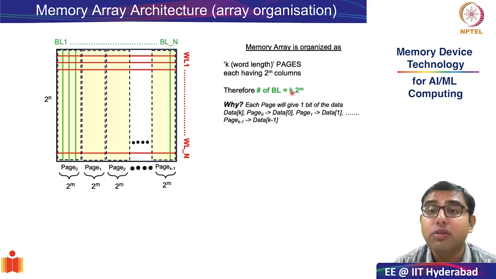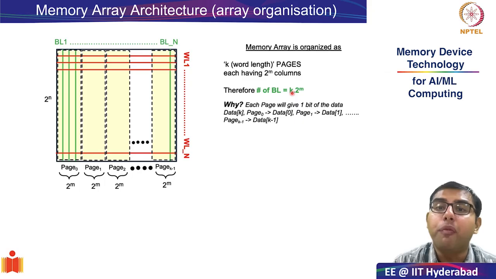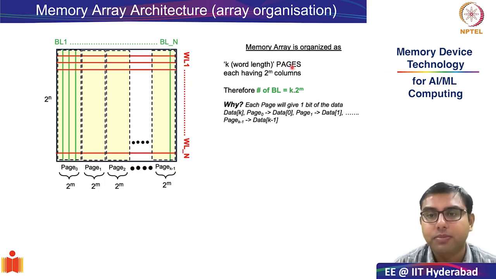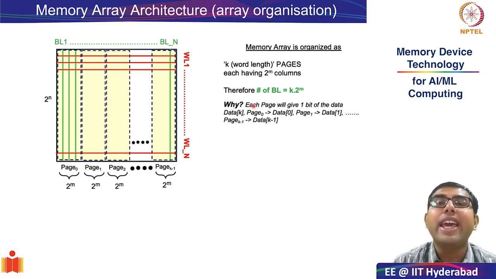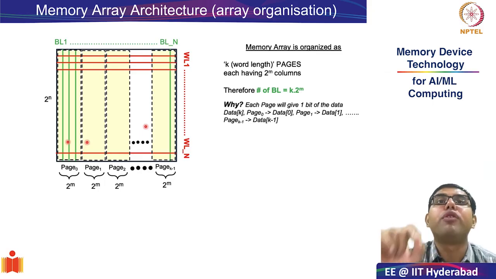At this juncture, it is very important to understand the rationale or logic of why memory arrays are organized in the form of pages. This is because each page will give one bit of information to the output data bus. What I essentially mean is, if there is an expectation from the CPU to get k bits of information, each of the k pages will give 1 bit of information.